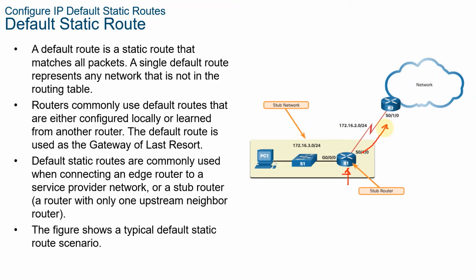The figure shows a typical default static route scenario. R1 only needs to know about directly connected networks. For all other networks, it can use a default static route pointing to R2, or to the ISP, for instance, in this case.